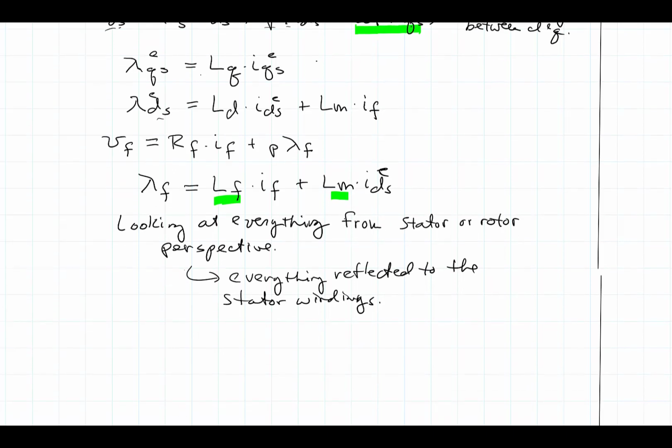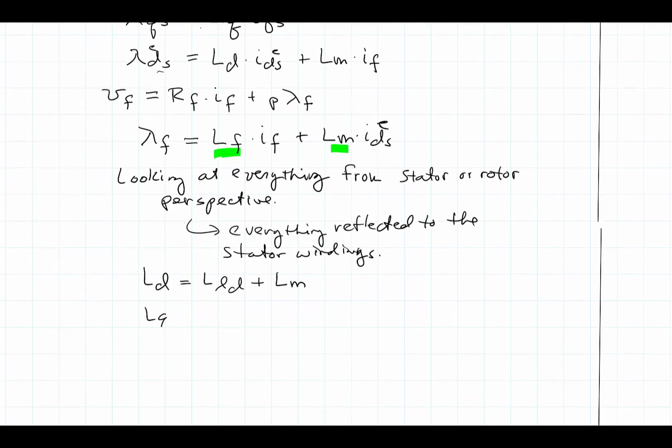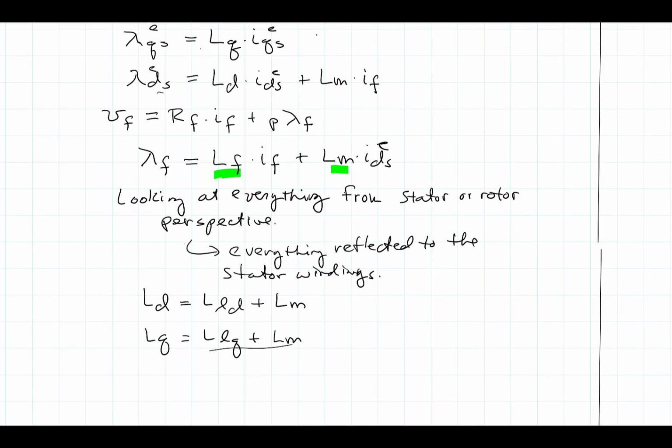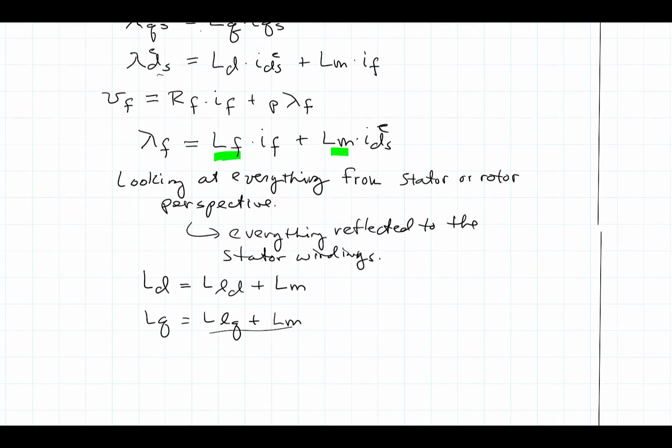Now, what this really means is the LD breaks out into a leakage inductance in the D-axis plus the mutual inductance. The LQ is a leakage inductance in the Q-axis, and there is a mutual inductance, but for this simple synchronous motor that we're considering, we don't have any Q-axis coupling.